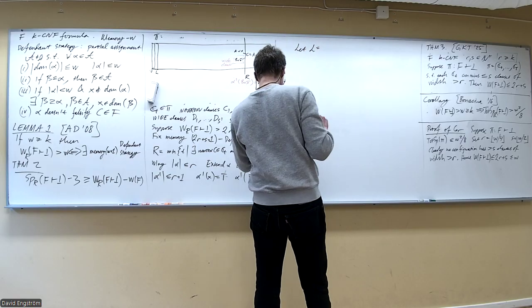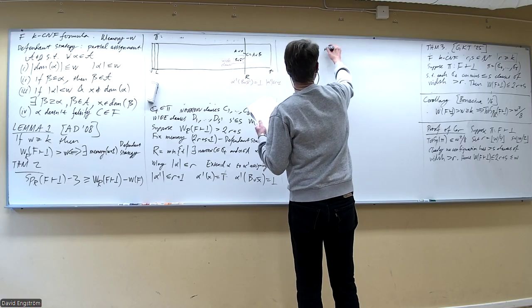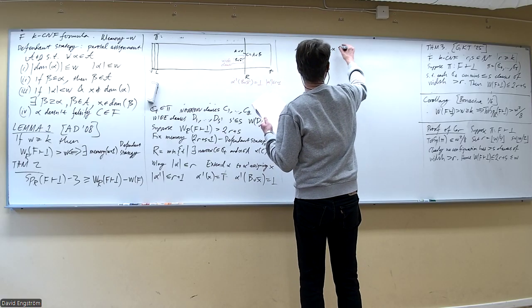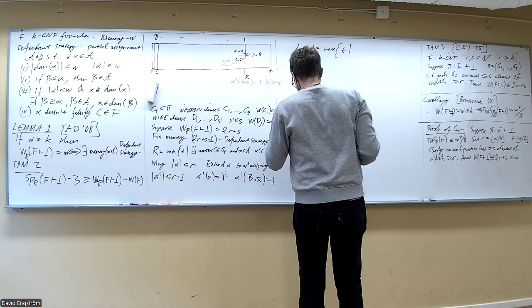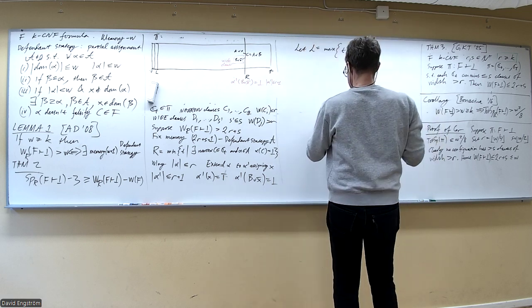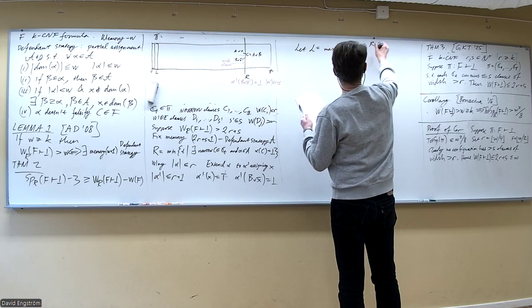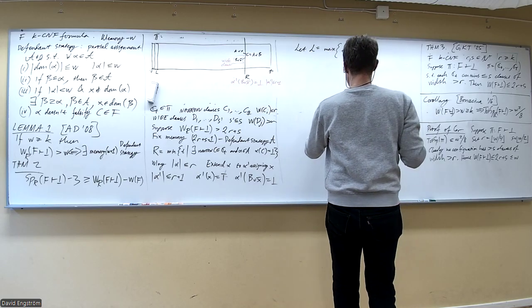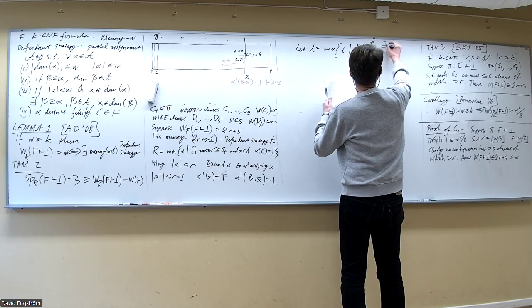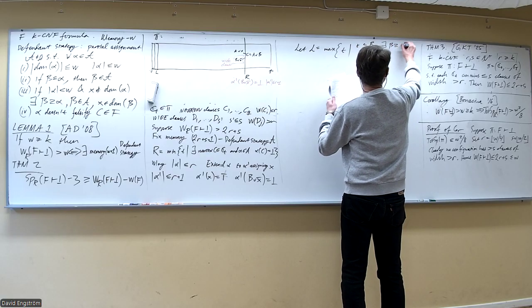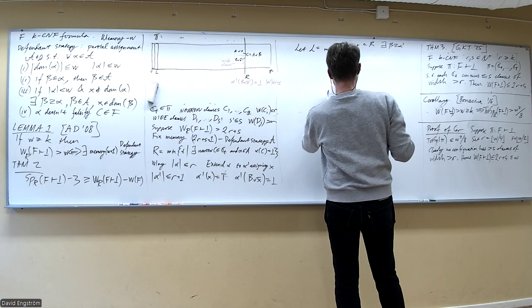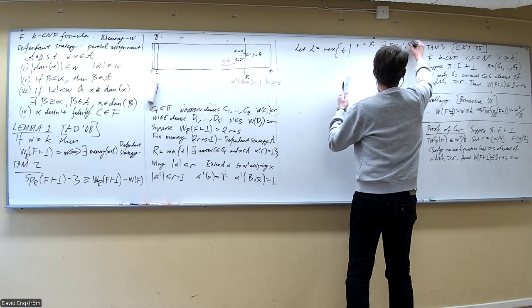Now let's look at the other side. Start scanning from the left. Let L be the largest possible value T, such that T is strictly less than R, and there exists a beta that extends alpha prime.